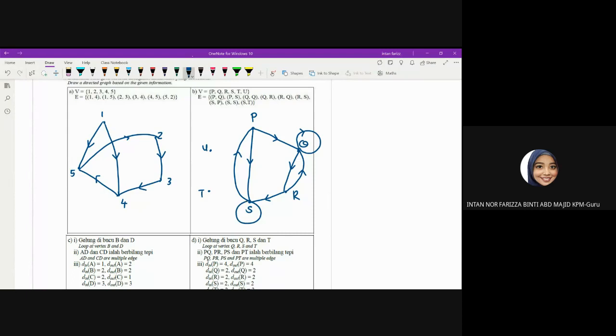SS. ST. And U is an isolated vertex. Special case for loops to add an isolated vertex. For a loop, it can be this direction or this direction, it doesn't matter.